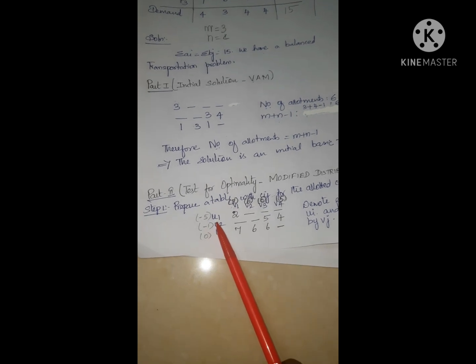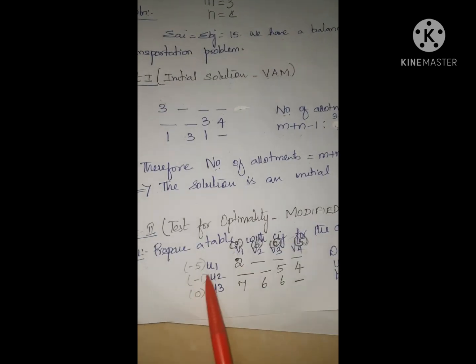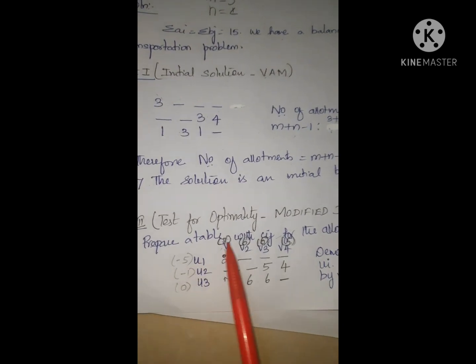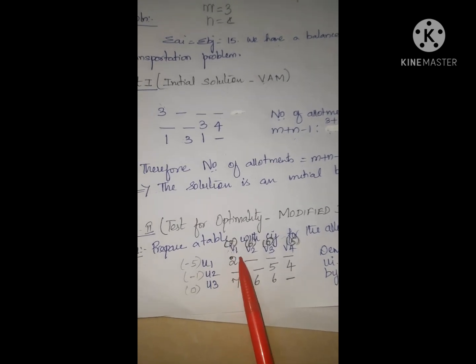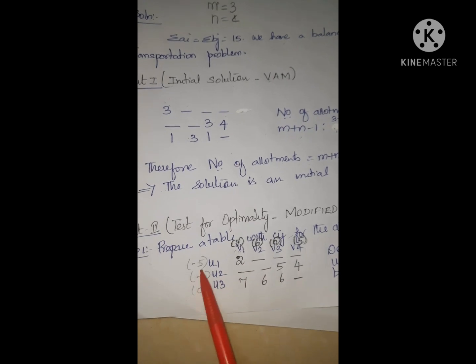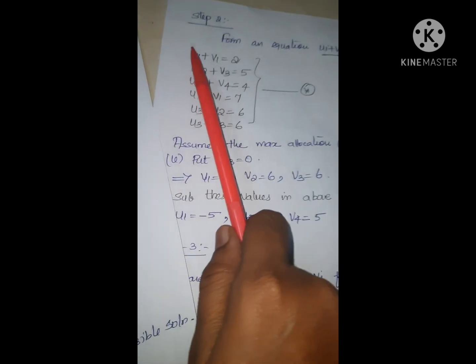This cost value 2 lies in the first row, denoted by u1, and first column, denoted by v1. So we get the equation u1 plus v1 equal to 2. This is the first equation.